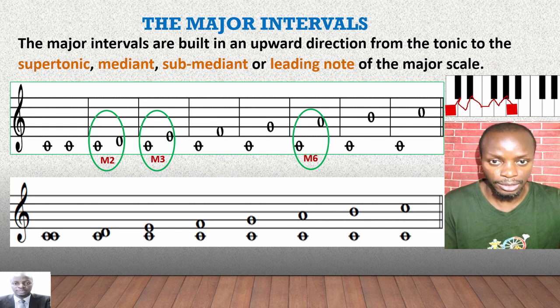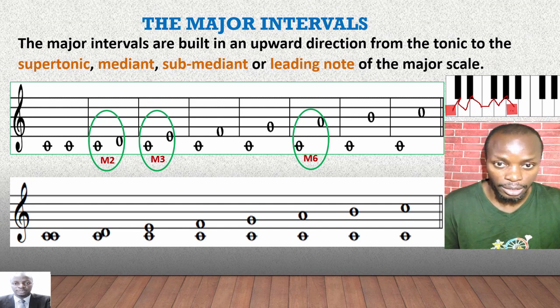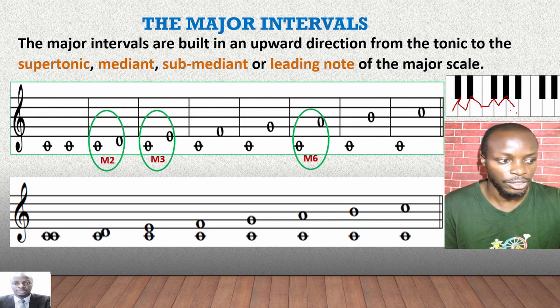That's why it is a sixth. But to probe more, to know the precise kind of sixth, we have to determine the number of semitones that exist between C and A, or between do and la, right? So we want to know the number of semitones between them, and it is 9 semitones.